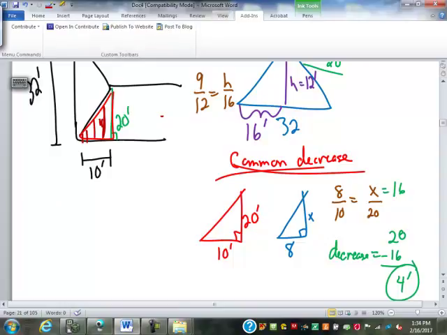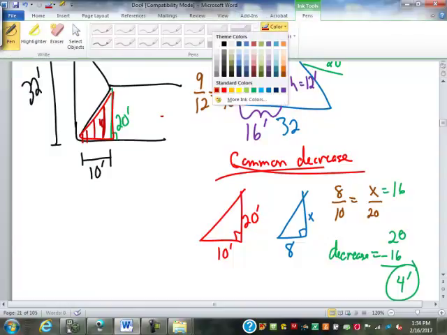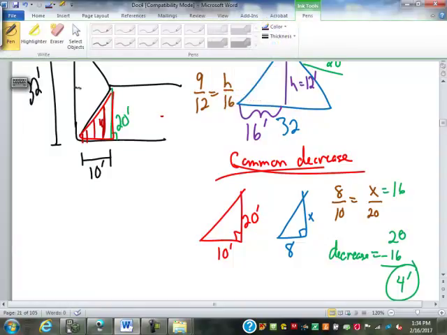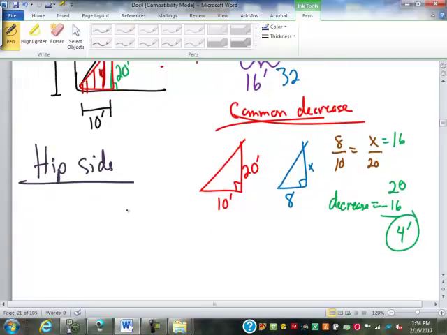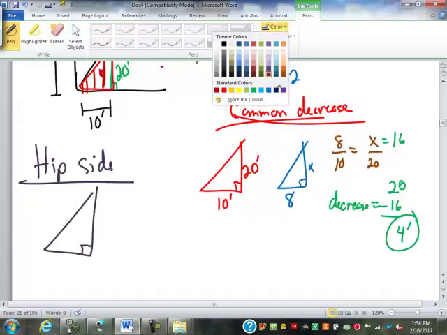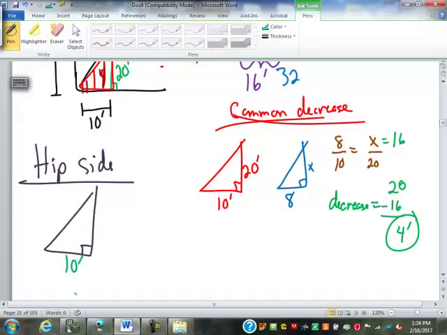So now it is time to look at the hip side. On the hip side, we still do have to find the length of that longest jack. The difference is we now know all the information. The setback here was 10 feet, right?